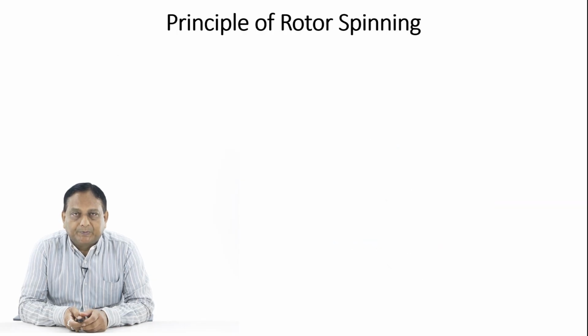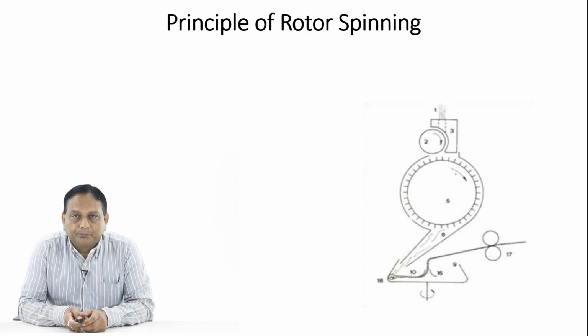Now what is the principle of rotor spinning? Let us see. This view is again a schematic view of rotor spinning, showing how rotor spun yarn is produced and what is the principle behind it.